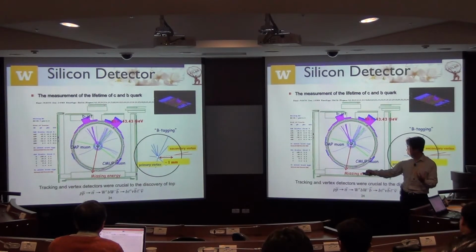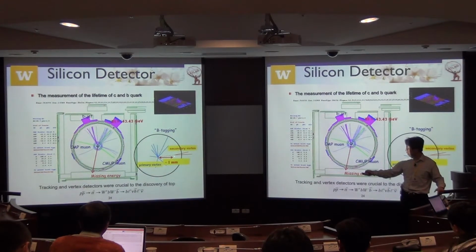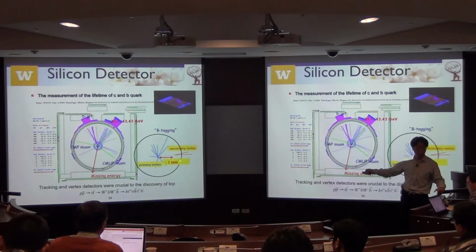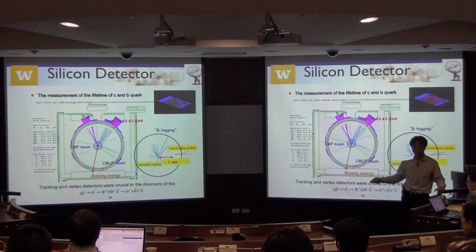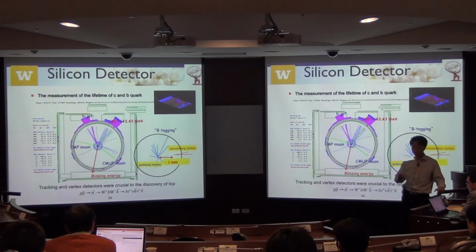It could be produced at the collision point and travel some distance, about 1 meter at Tevatron energy, and then decay. So you want a device that can reconstruct this secondary vertex, and the silicon detector becomes the only option you have.